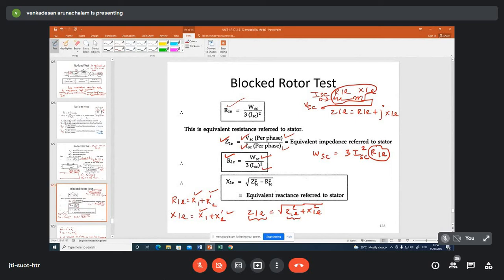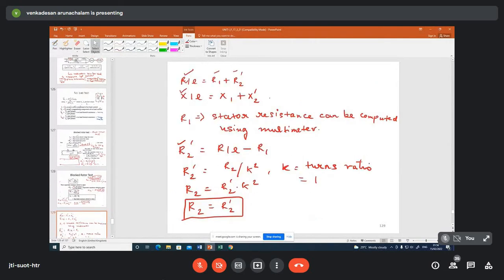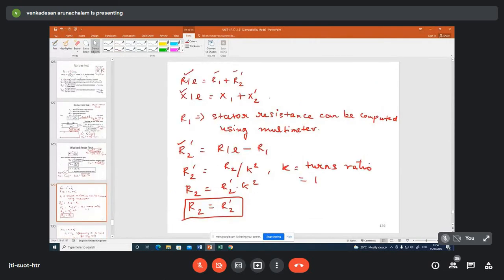And X1E is nothing but X1, that is the stator reactance, plus X2 dash, that is the rotor reactance referred to the stator. That is what I have written here also. R1E is R1 plus R2 dash, and X1E is X1 plus X2 dash.